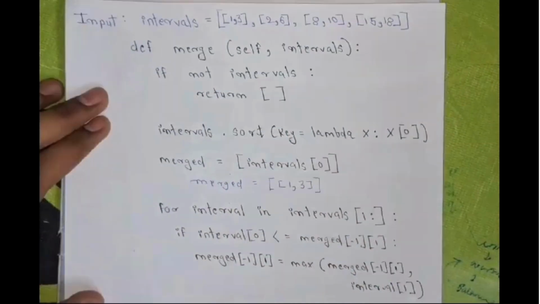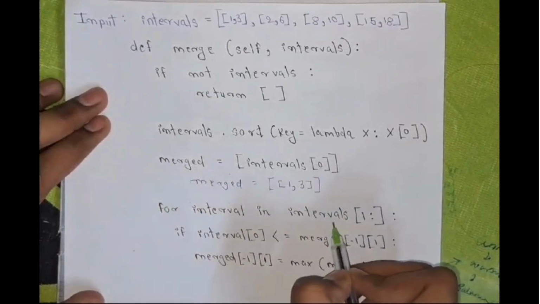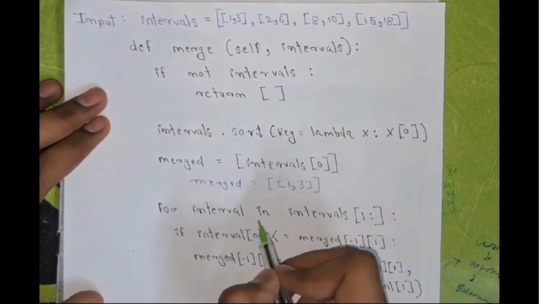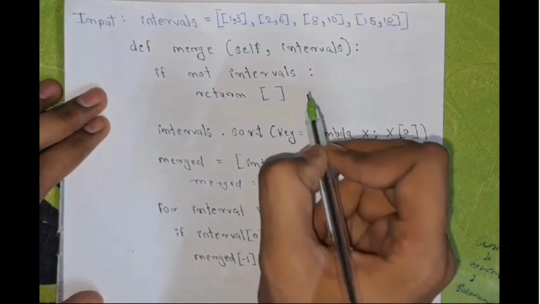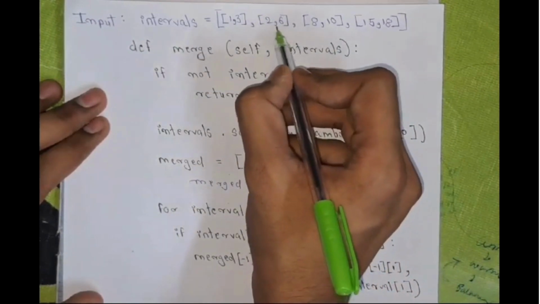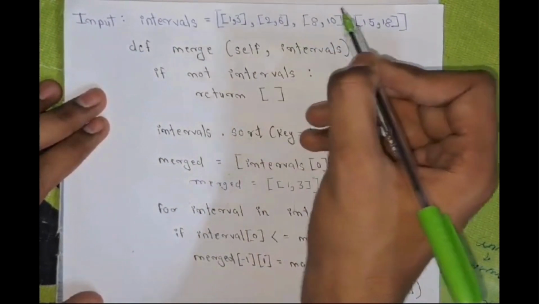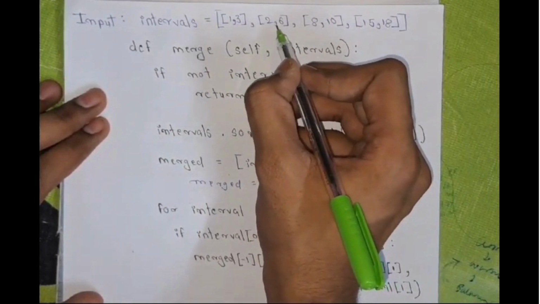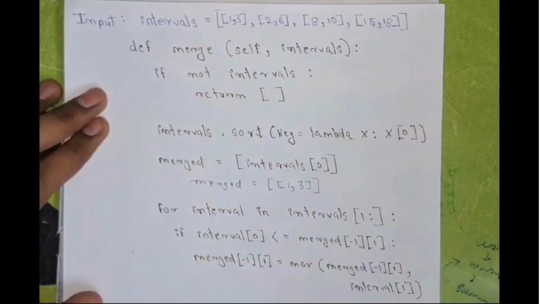For interval in intervals[1:], this line of code tells us that we are going to iterate from the second element of the intervals array, so the interval will be 2 comma 6 to start.